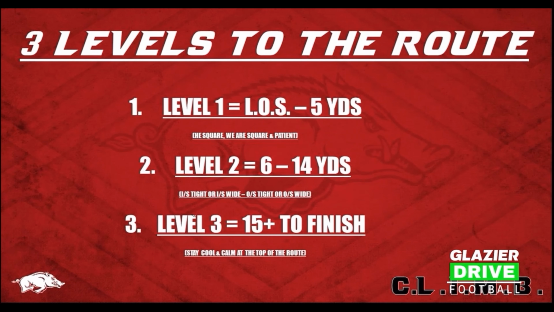All right. Right? He's released, he's got outside my frame. Now I have to be able to anticipate certain routes based on his release. Okay, so we're going to get into that segment of it. Again, level 2 is when you face the intermediate routes, more of the dig routes, the curls, the comebacks, and everything that goes with it.